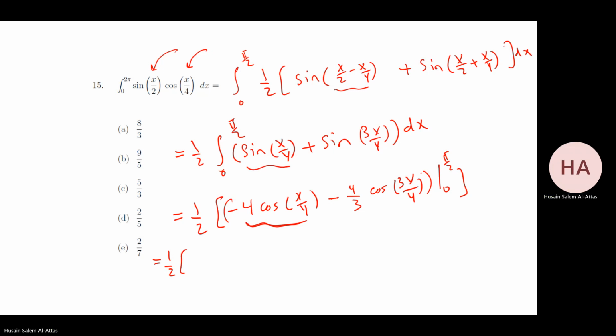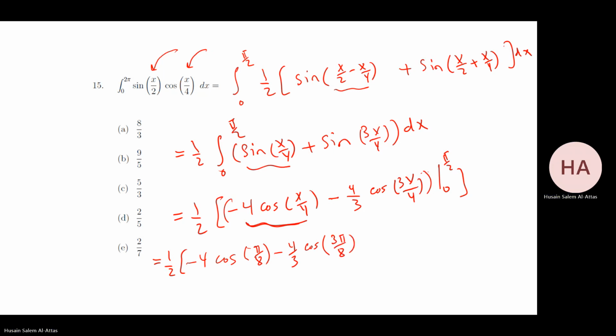That will be minus 4 cosine pi over 8, minus 4 over 3 cosine 3 pi over 8.